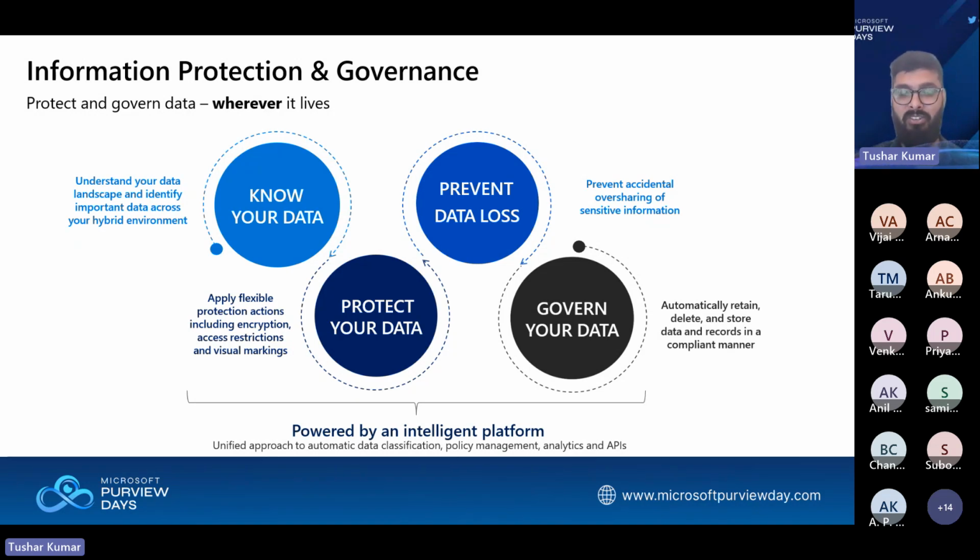And when we say accidental oversharing, it's not always that Bob is some weak link to the company who is sharing the data outside the organization. It can be you, it can be me sharing a document which contains data specifically related to someone's credit card, or someone's other personal information. So you have to prevent the data loss. That's where DLP comes into the picture.